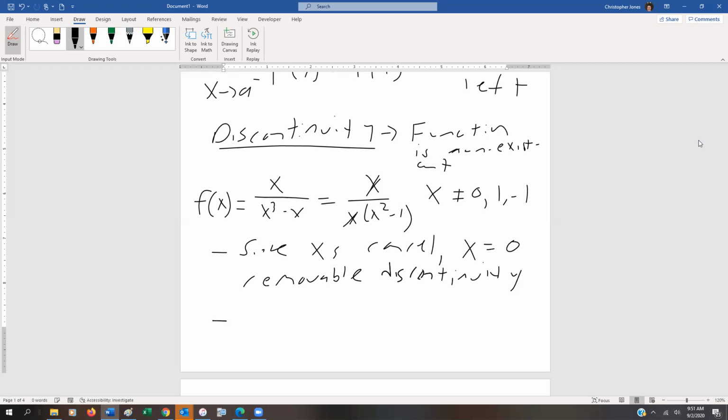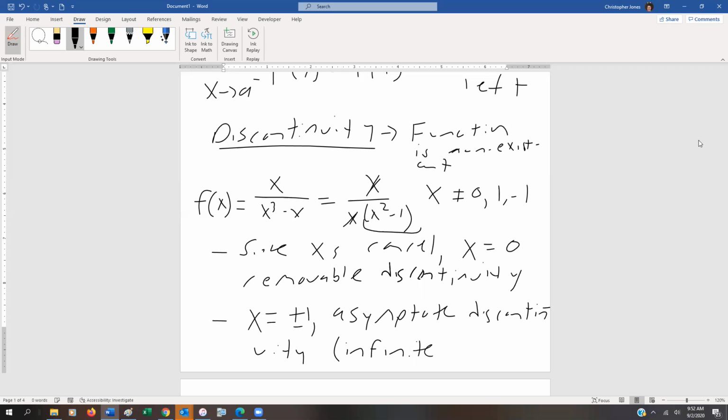And the other type, x equals plus or minus 1, those are asymptotic discontinuities. So asymptote discontinuity. I think my math lab calls them an infinite discontinuity. All right. Just because it does approach that value of infinity or negative infinity.